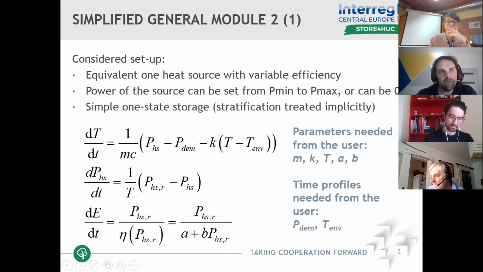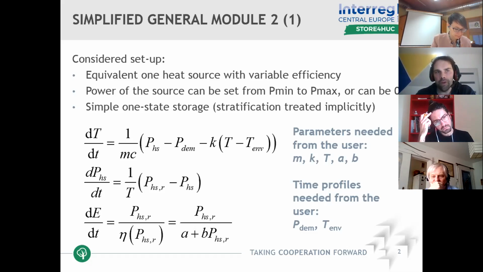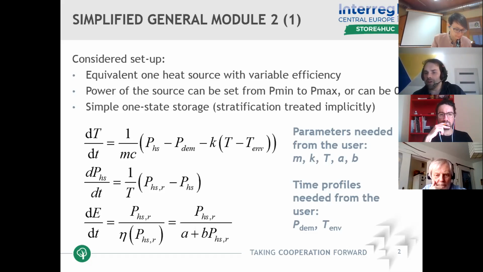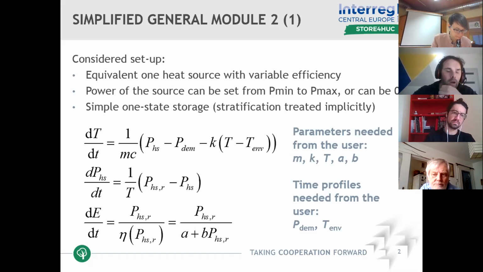It models that our heat source is differently efficient in its different loading conditions, and you can have different setups. Sometimes partial load is more efficient. Sometimes full load is more efficient.